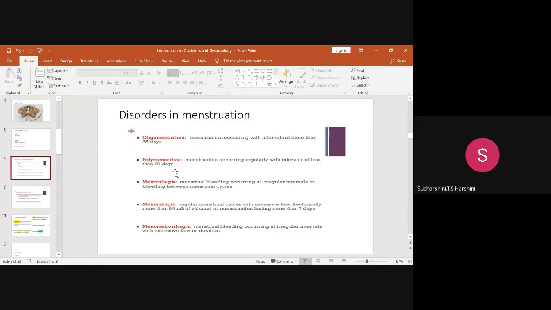Metrorrhagia is the intermenstrual bleeding you're talking about. It is irregular. Either you get bleeding between menstrual cycles, or bleeding occurs at irregular intervals. Both are the same. So metrorrhagia and menometrorrhagia are both irregular cycles. Oligomenorrhea, polymenorrhea and menorrhagia occur at regular cycles.